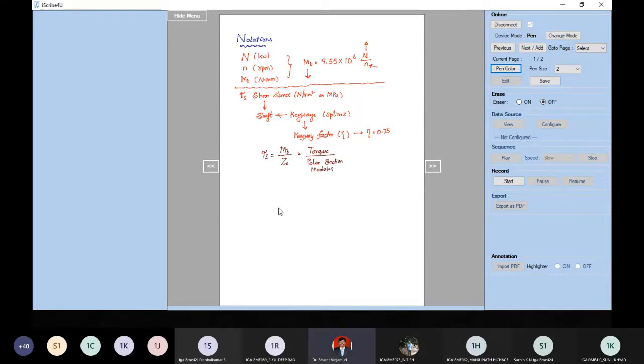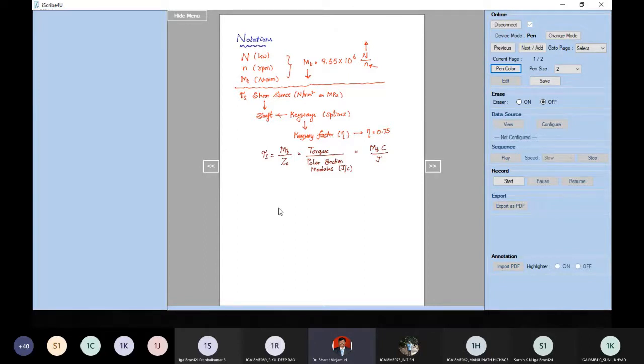You remember this? J by c. Usually in your class this equation would have been told as Mt c by J or Mt r by J. So remember this from my class.